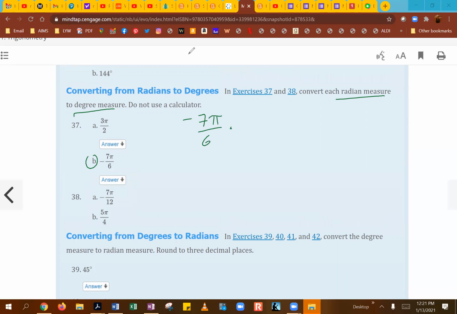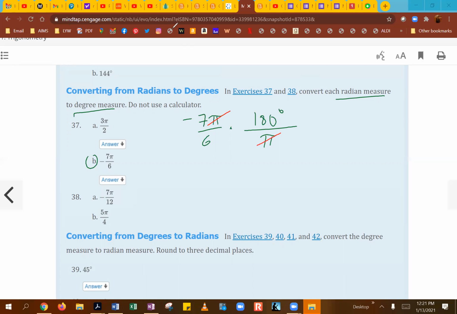Since this is radian, you actually want to put the pi in the bottom and 180 degrees on the top. You will see how that pi will end up canceling out. If you don't put that 180 over pi in the correct format, then that pi does not cancel out. So anytime you are converting radians into degrees, that pi needs to go on the bottom so they cancel each other out.